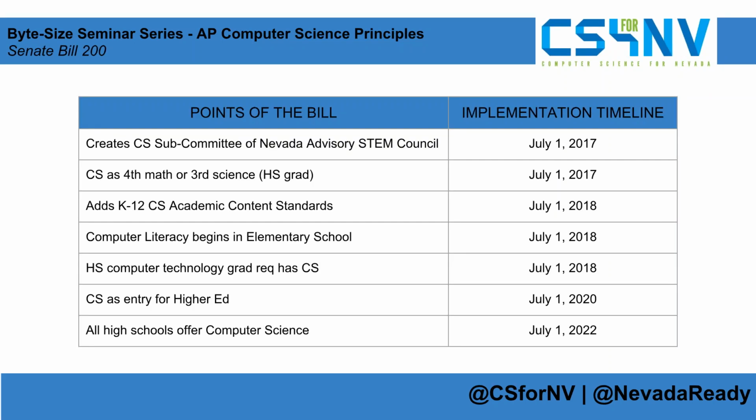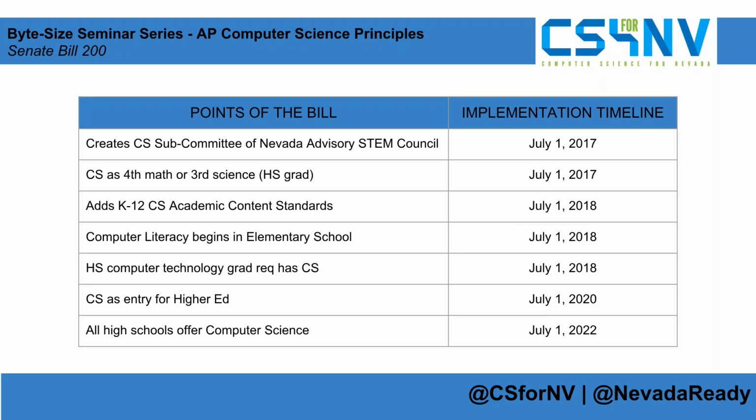All right, so my apologies if this is a review for you, but Senate Bill 200, here are some of the key points of the bill that passed in the last legislative session in 2017. And you can see quite a range of things. We are plugging away on it.